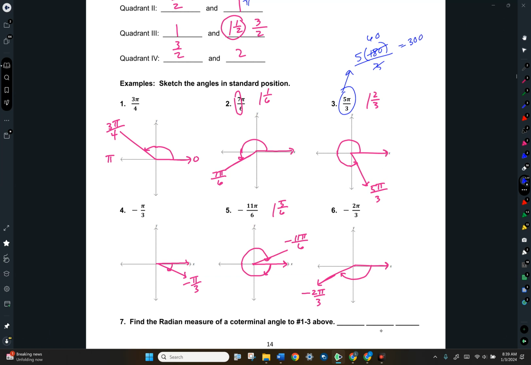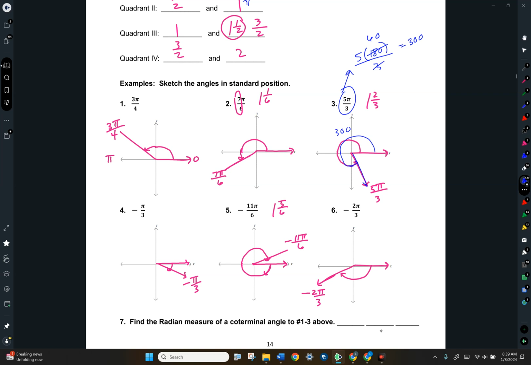And then you would say, okay, 300 degrees is going to be past 270 and into the 4th quadrant, and then it's going to stop in the 4th quadrant.